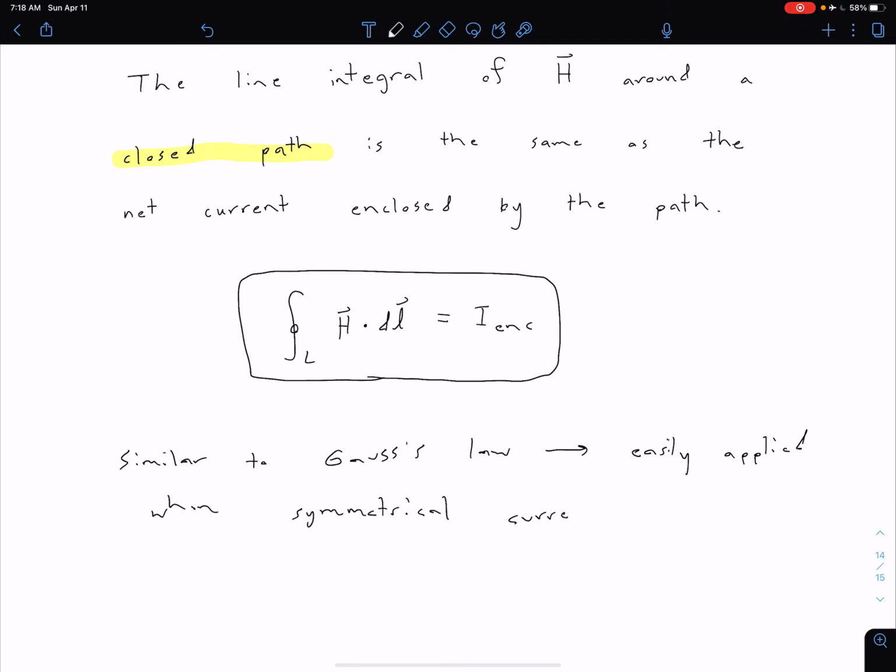With Gauss's law we had symmetrical charge distribution, but here we're talking about currents instead of charge.